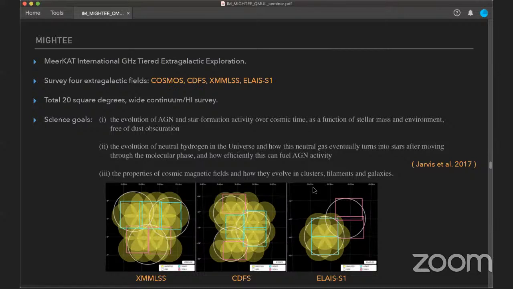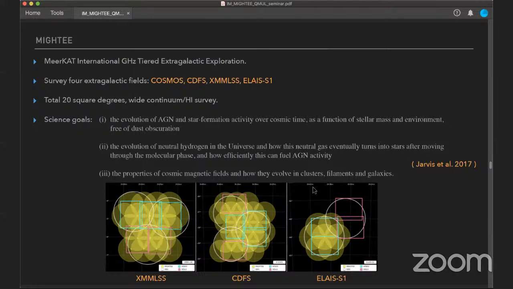A brief introduction to the MIGHTEE survey: it's the MeerKAT International Gigahertz Tiered Extragalactic Exploration. That's the full form. The idea is to survey four well-known extragalactic fields: COSMOS, CDFS, XMM-LSS and ELAIS-S1. There will be a total of 20 square degrees of survey in both the continuum and the H1 mode.